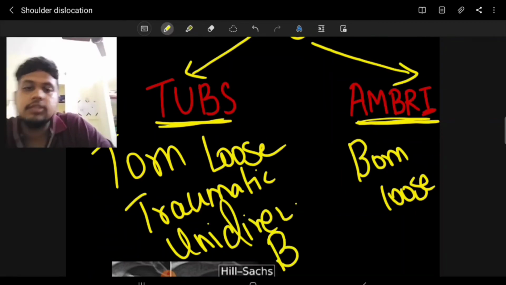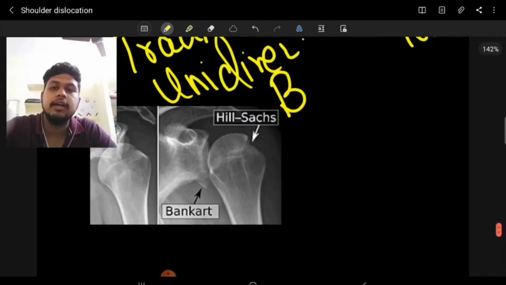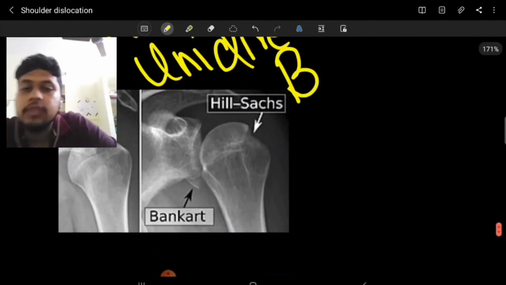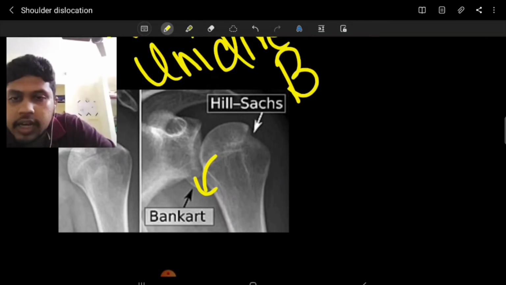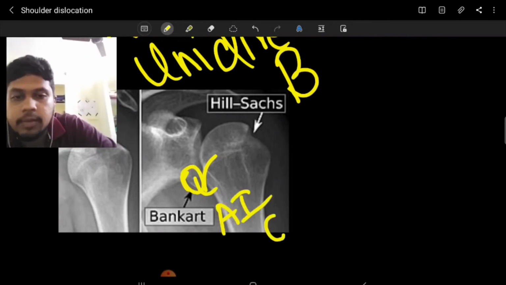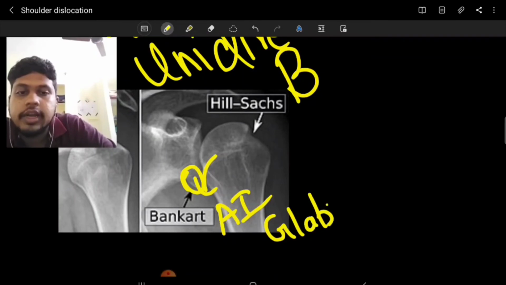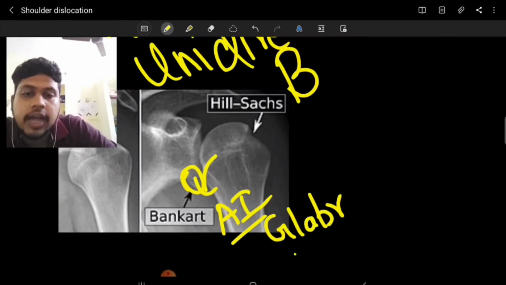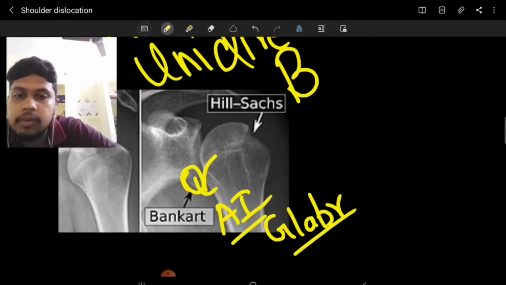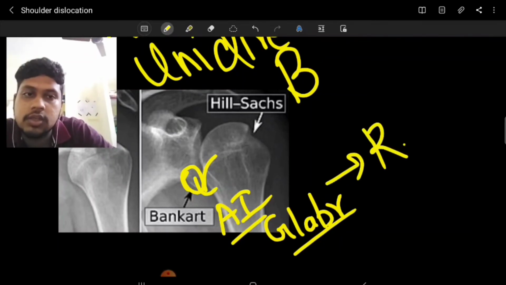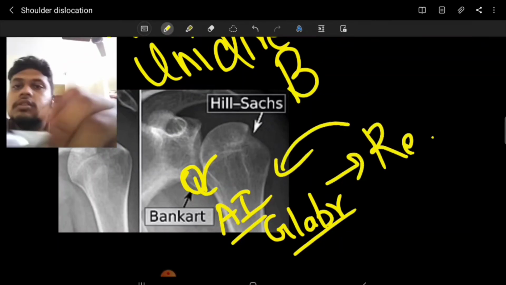P stands for Perthes-Bankart lesion. This is because of the dislocation. There is injury to the anteroinferior part of the glenoid labrum. In turn, because of the injury of this anteroinferior part of the glenoid labrum, there will be recurrent shoulder dislocation. So it is vice versa.